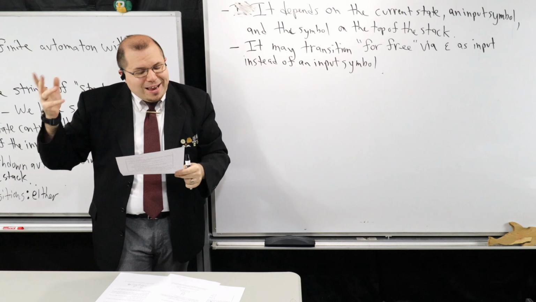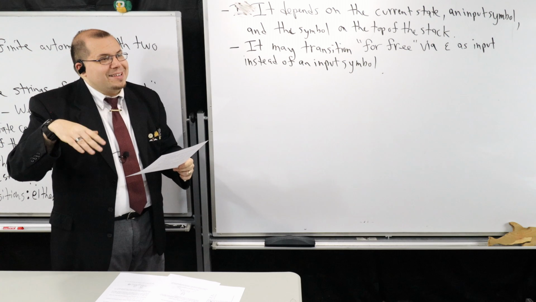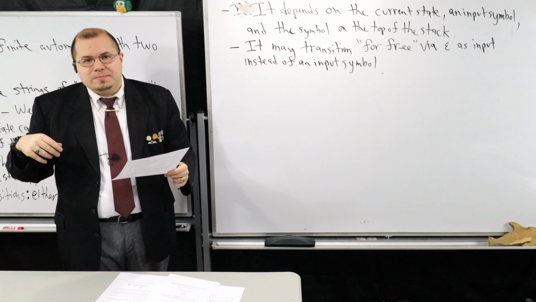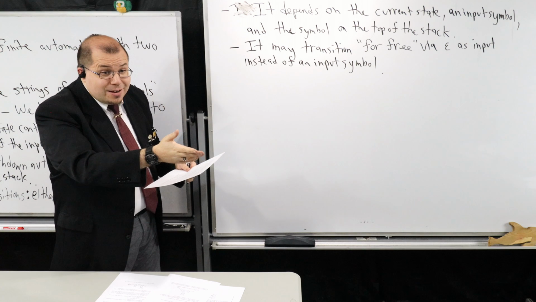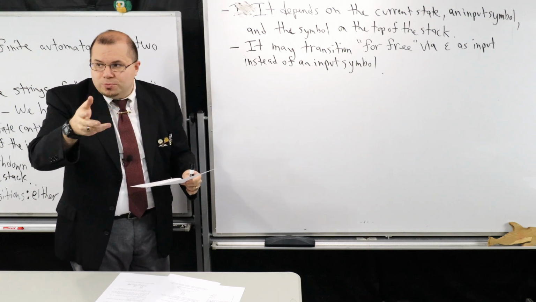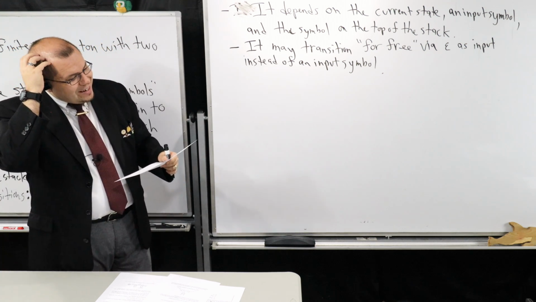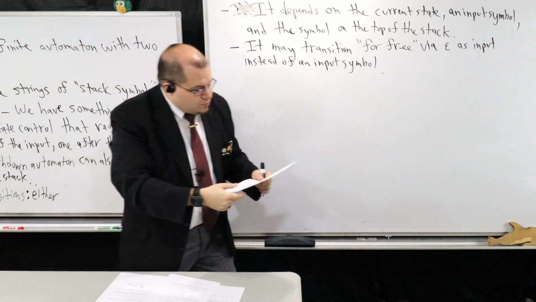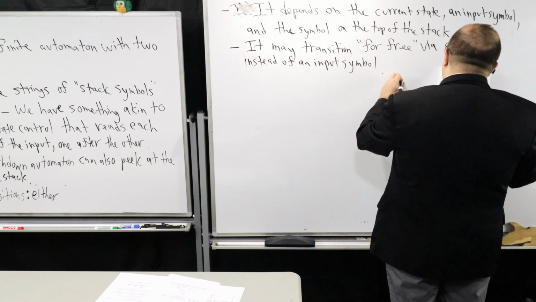And if it doesn't consume a symbol, that means it's going to use epsilon instead, just like the epsilon move. Next, it may possibly move to another state once it consumes that symbol or uses epsilon. And then, naturally, it might replace a symbol on the top of the stack. There's three things that can happen.